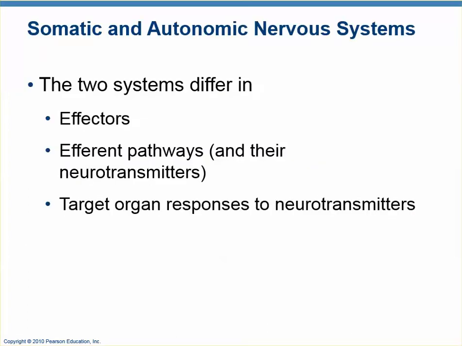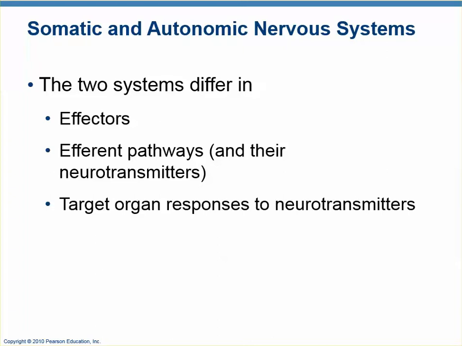So what are some of the differences between these motor systems? Well, in the somatic motor system, the effectors are skeletal muscle. In the autonomic nervous system, it is smooth muscle or glands or things like that. There are different pathways that it follows, although they're involved in some of the same nerve paths.